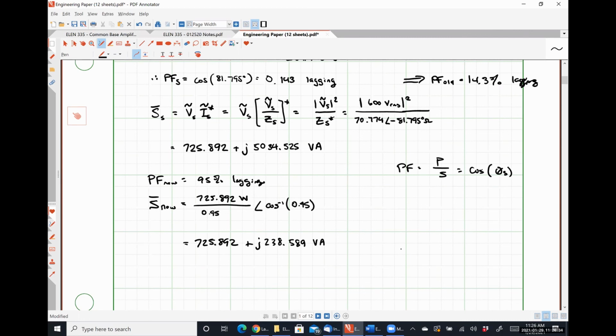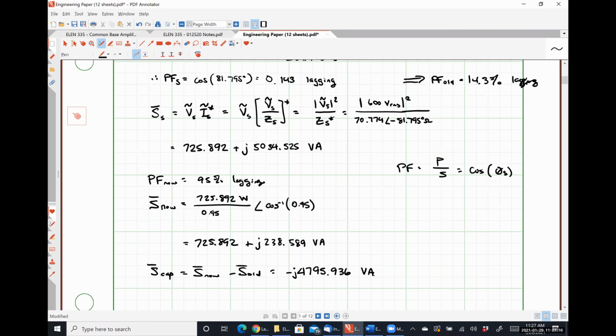to be what the capacitor supplied to the system, right? So I'm going to say that S cap is simply S new minus S old. And so that is 238.589 minus 5034.525 is negative j4795.936 volt amperes.